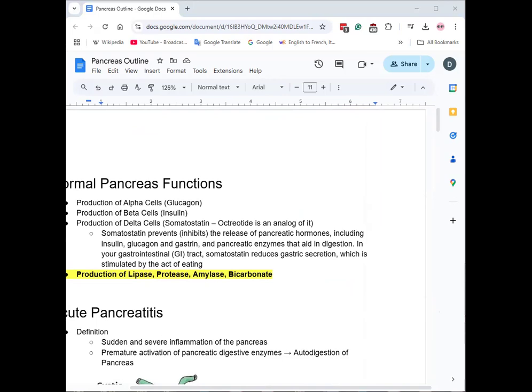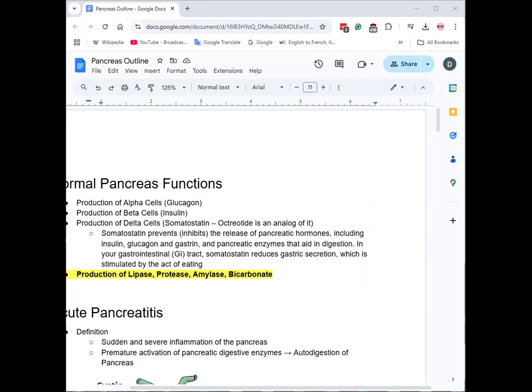Okay, thank you. Yeah, so octreotide is the generic, Sandostatin is the brand. So yes, octreotide is the synthetic somatostatin. The brand name is Sandostatin. Basically all essentially the same thing. They're analogs, but they function practically the same way.